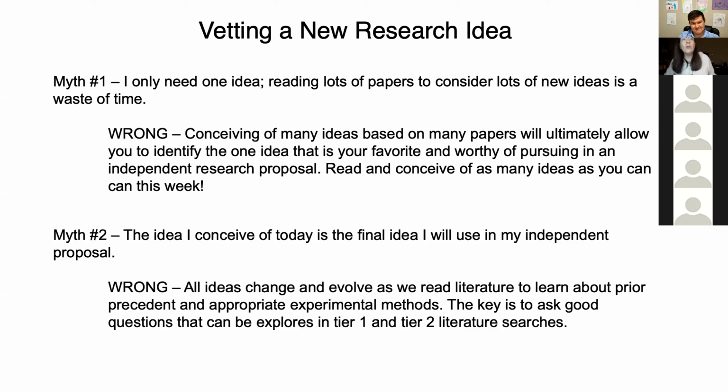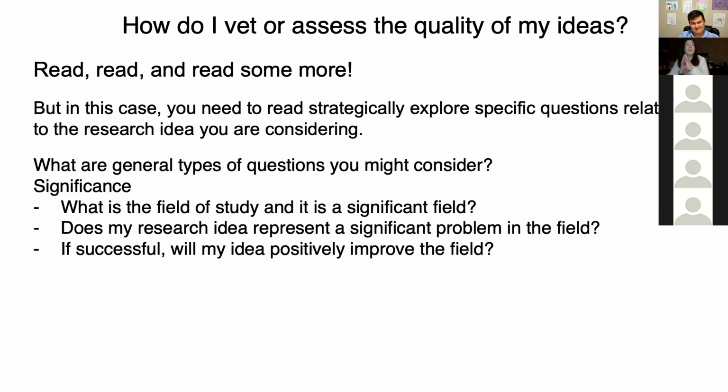So how do we get to that point where we make our idea great? That's what we're going to talk about today. Our topic is, how do I assess the quality of my idea? How do I vet my idea? The way you do that is by reading more and more.